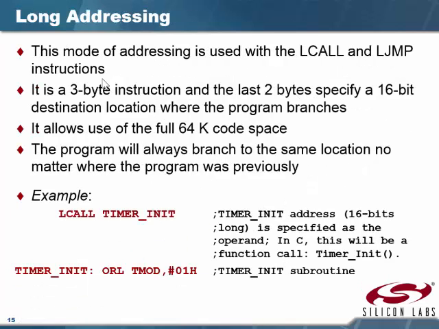A long means that we specify all 16 bits of the address. With 16 bits, we can go anywhere within 64K of code space, and we just specify the actual address. So this again is a long call, calling a subroutine.